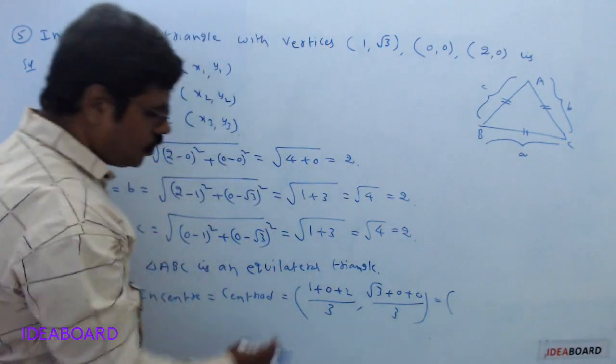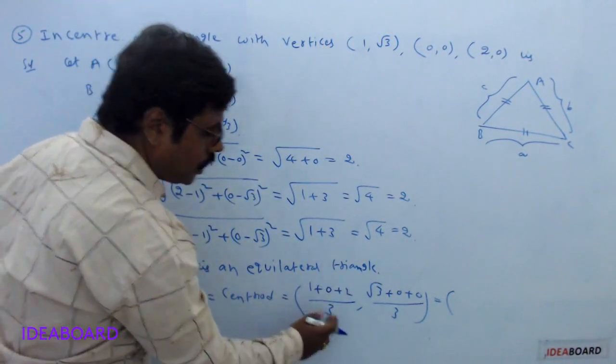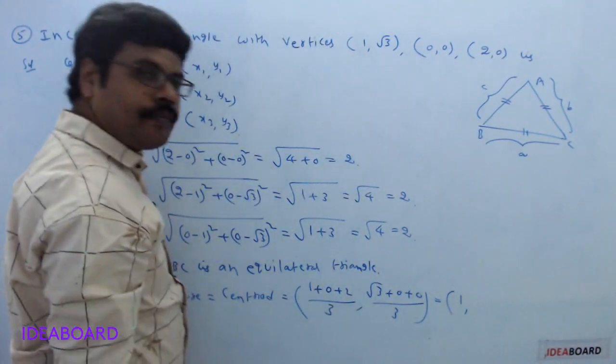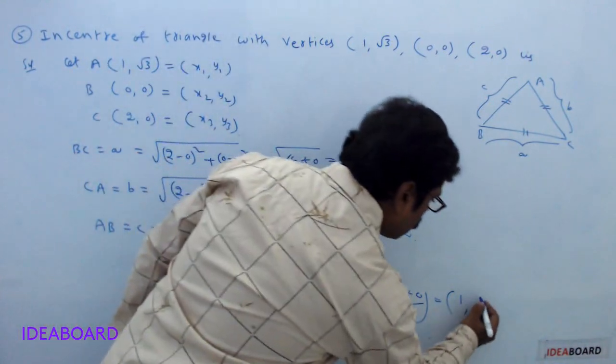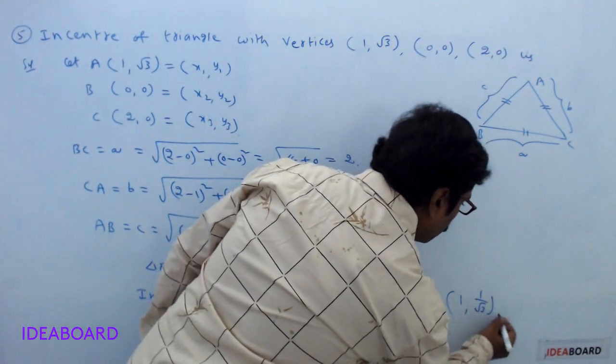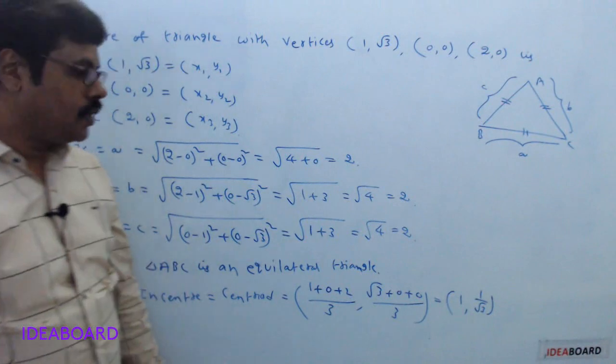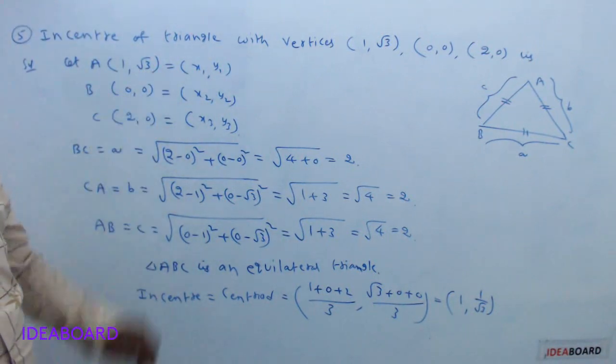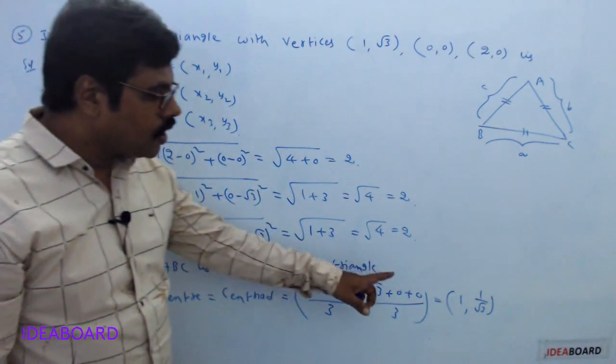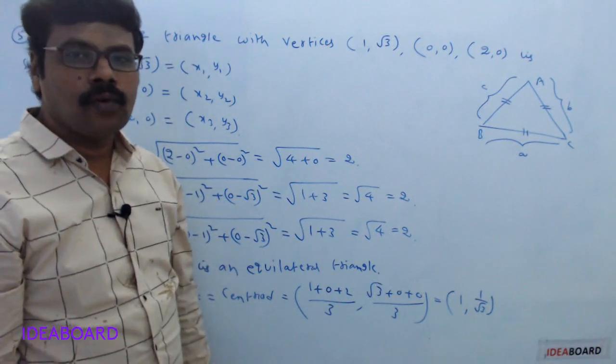So this is equal to 3 divided by 3, which is 1, and root 3 divided by 3, which is 1 divided by root 3. So therefore the incenter of the triangle is (1, 1 divided by root 3).